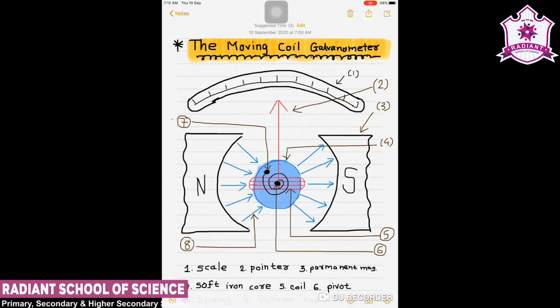Now, first of all, let us discuss the basic parts of the moving coil galvanometer. The galvanometer consists of a coil. You can see that coil as number 5 in red color.